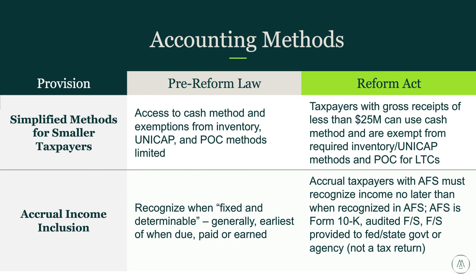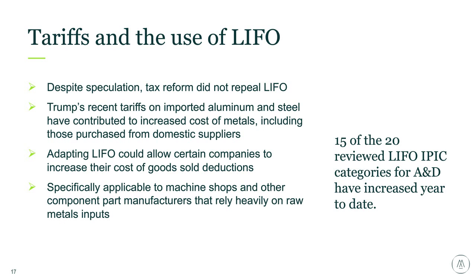There's one specific opportunity that we wanted to mention here, and it relates to tariffs and the use of LIFO. There was quite a bit of speculation that the use of LIFO, which is last in, first out inventory accounting, would be repealed as part of tax reform, but it wasn't.